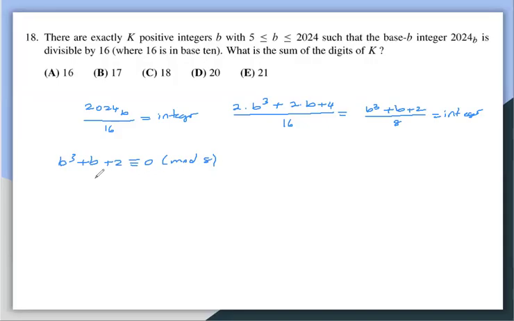Let's try b equals 1. That's going to be 1 plus 1 plus 2, which is 4, which is not congruent to 0.